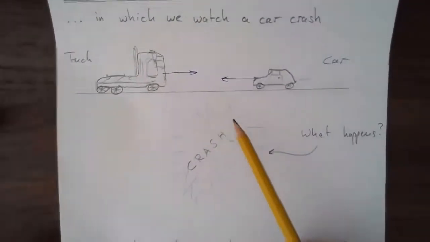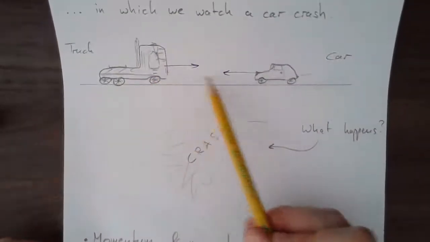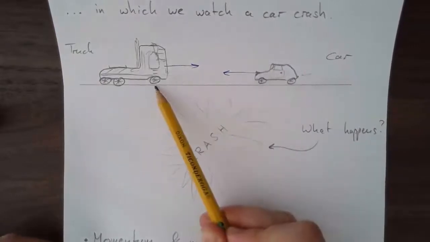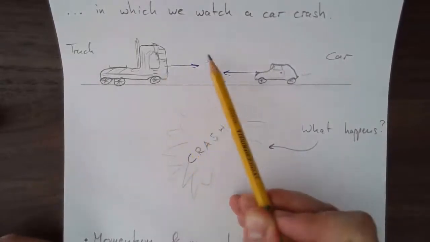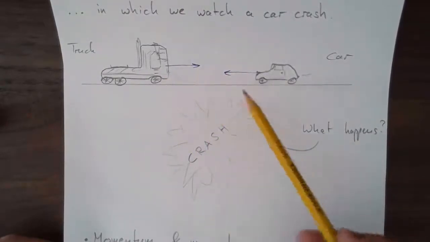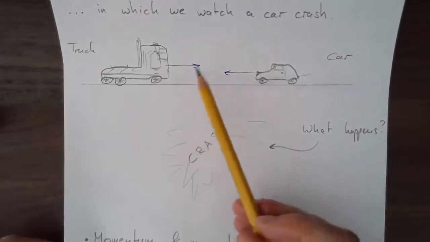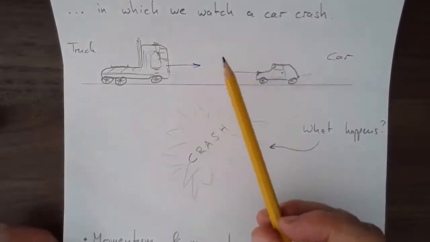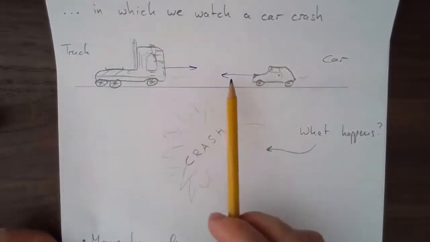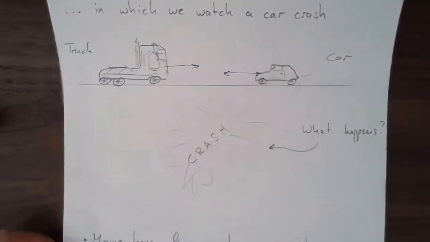Now, let's imagine that this is a very intense interaction. It certainly is, right? And while they crash, other forces aren't really relevant. So the friction with the ground, right at that very instant, that fraction of a second that they're actually crashing into each other, the friction with the ground doesn't matter. Air resistance doesn't really matter. Those forces are tiny compared to the very violent interaction between the car and the truck.